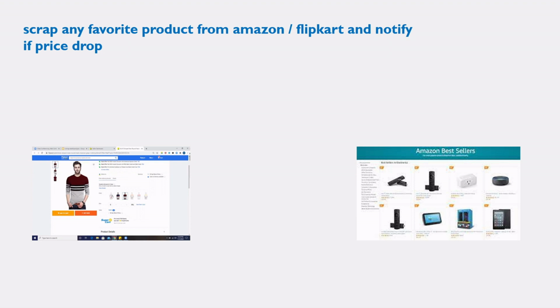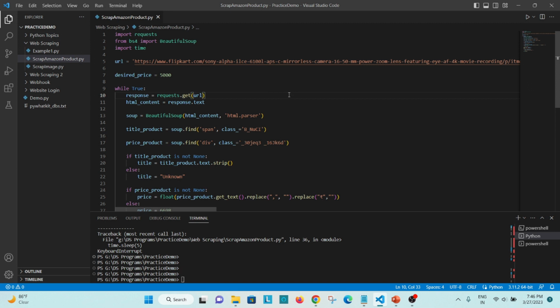Let's get to the editor first. Okay, we are on the editor. So here you can see I have already written the code for web scraping the product from Flipkart.